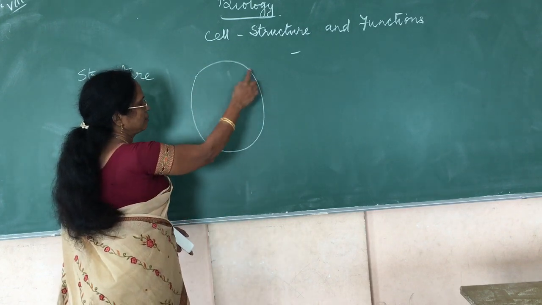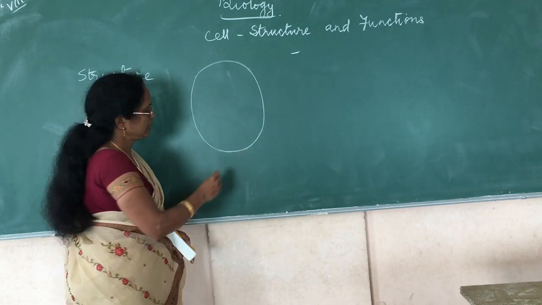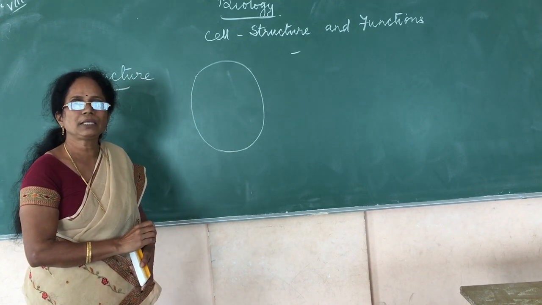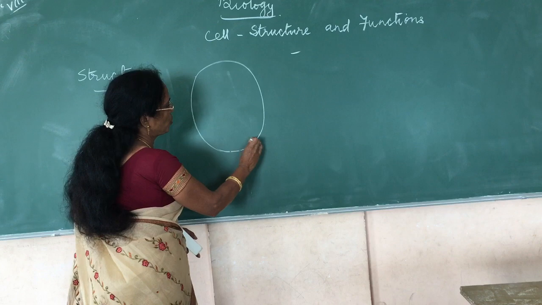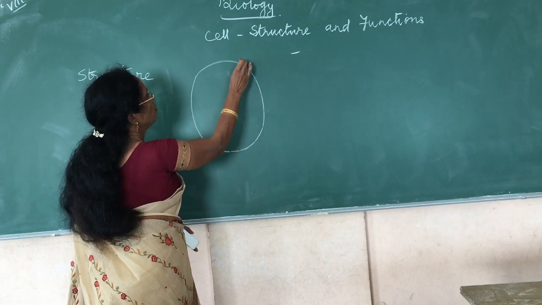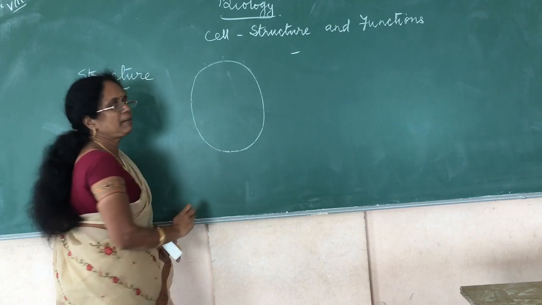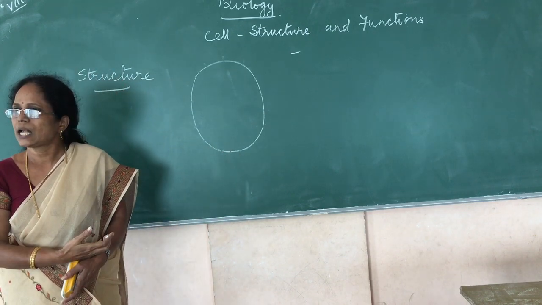This is the cell membrane. The cell membrane is porous. Porous means pores, openings. The cell membrane is porous.